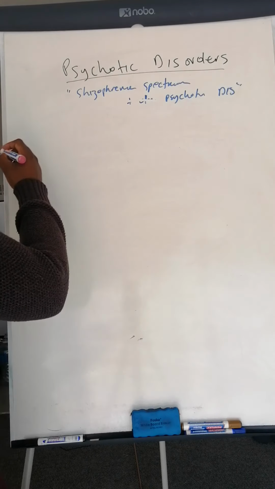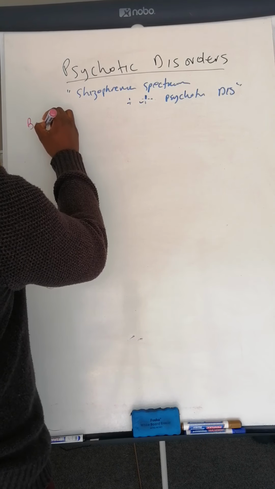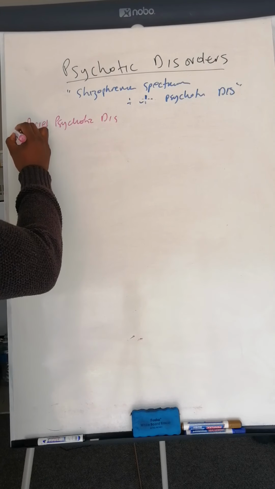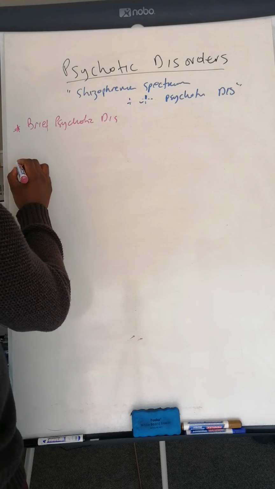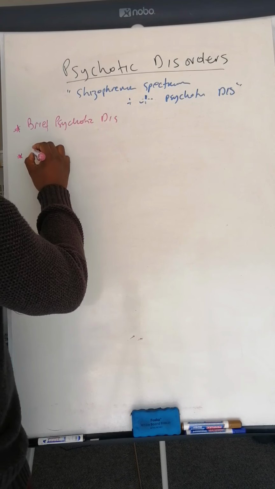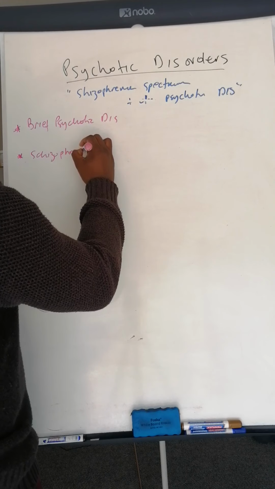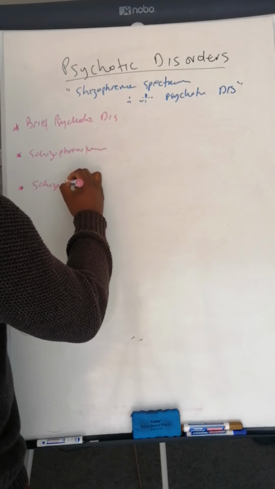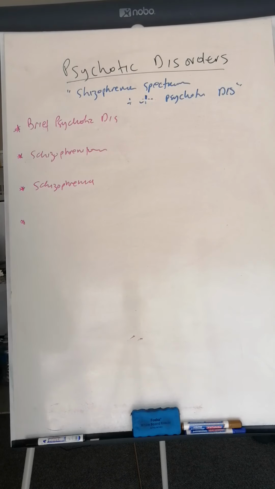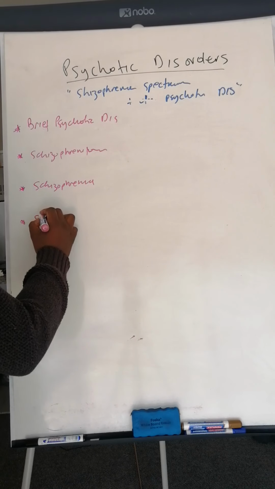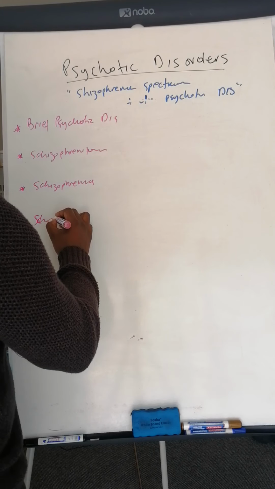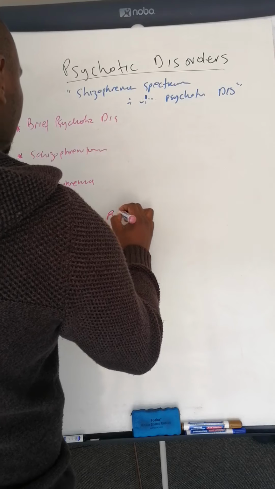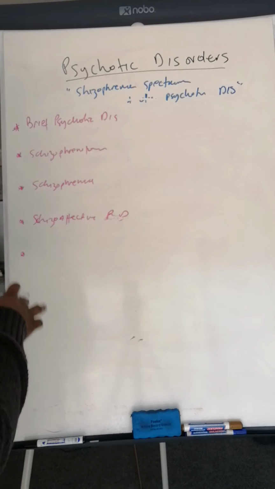Okay, now let's talk about what are the psychotic disorders that share these signs and symptoms. Okay, so we've got brief psychotic disorder. We have schizophreniform. We have schizophrenia. We have schizoaffective. Schizoaffective, this was a personality disorder, but now they've changed it and put it under psychotic disorders.